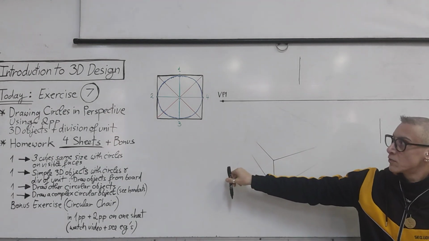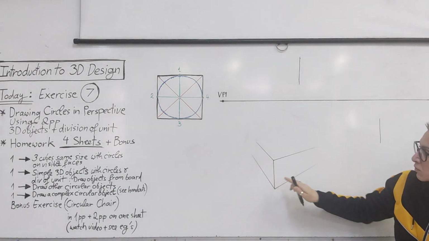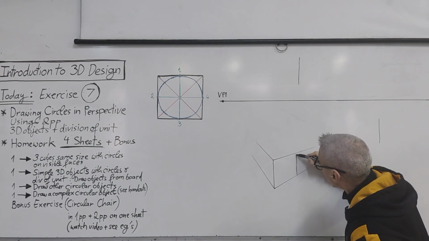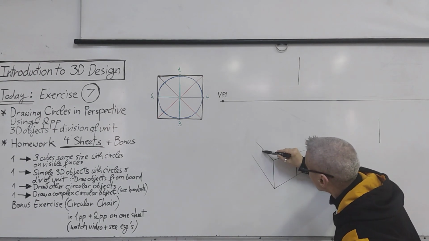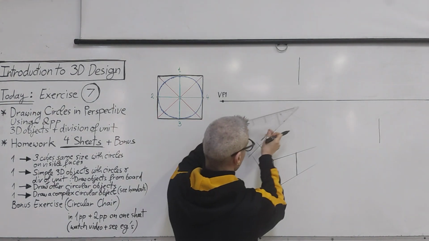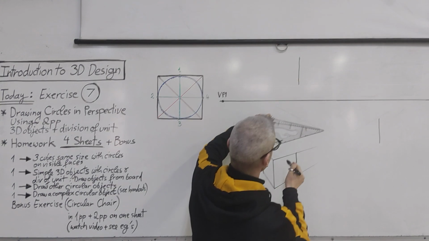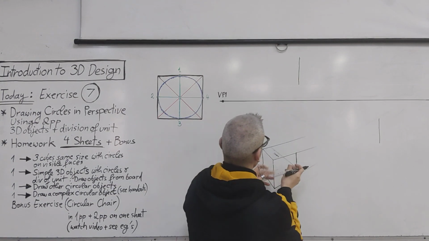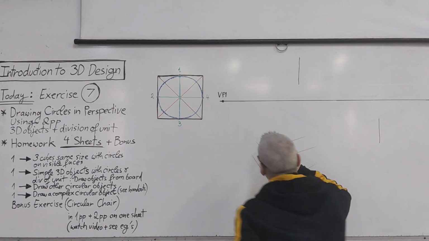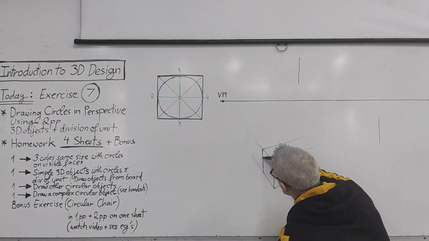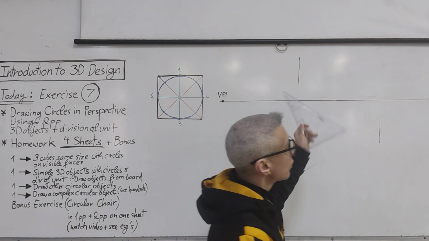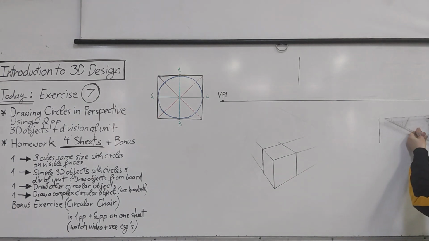To this point. That means this side will be shorter than this, okay? Make sure it looks like a cube. Okay. And now we continue to take to the vanishing point. The same thing you will do with all the 3 cubes.